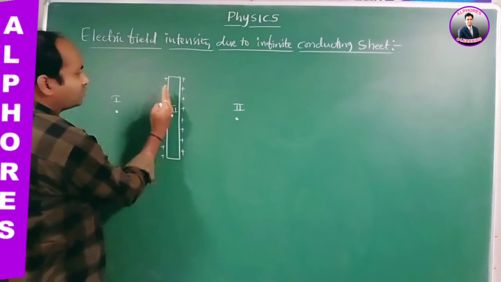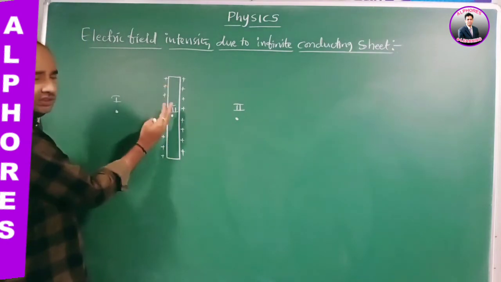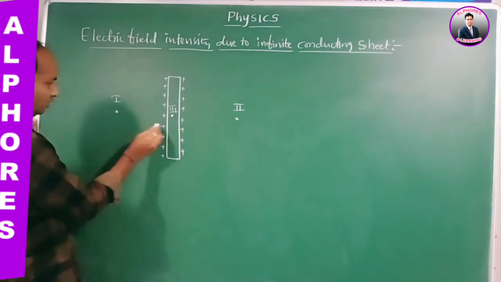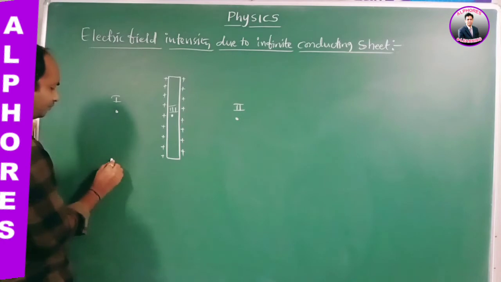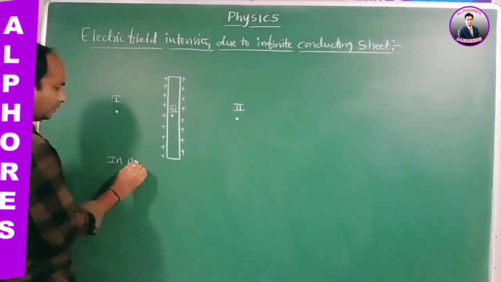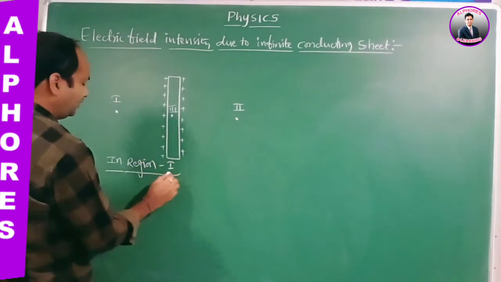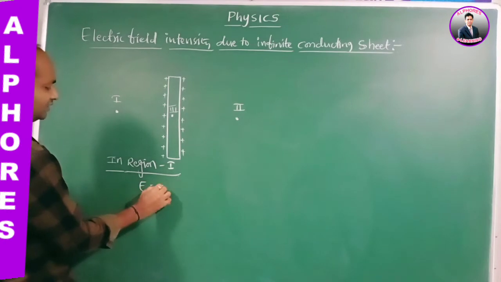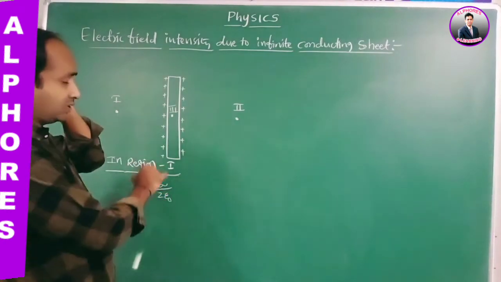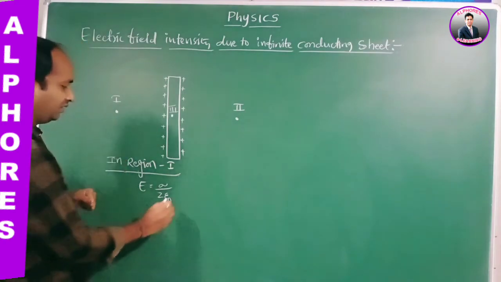Now here, if you observe this part, in region 1, due to the left side the charge resides only on the surface. So here in region 1 you will get electric field intensity equal to sigma by 2 epsilon naught, where sigma is the surface charge density.